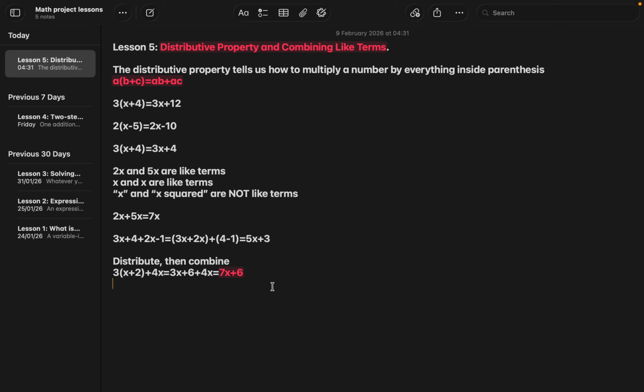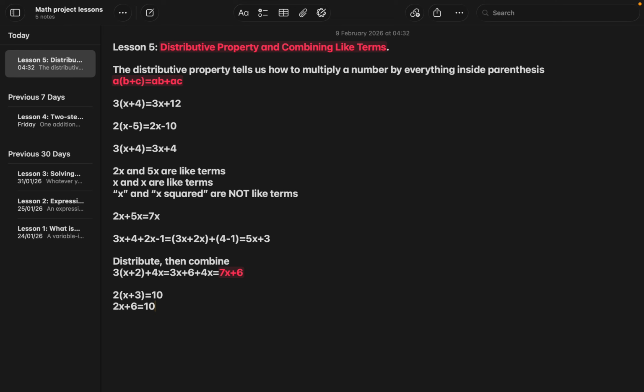Now let's solve an equation using these ideas. Let's imagine we have 2 multiplied by the quantity x plus 3 equals, let's say, 10. Here it becomes 2x plus 6 equals 10, because we have distributed.